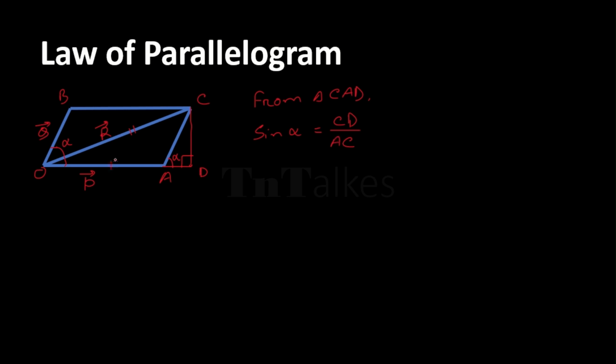In a parallelogram, the two opposite sides are always equal. So OA equals to P and BC also equals to P. And AC equals to Q since OB equals to Q. So we can write sin alpha equals to CD by AC and cos alpha equals to AD by AC.